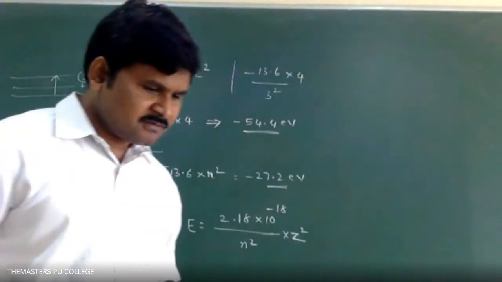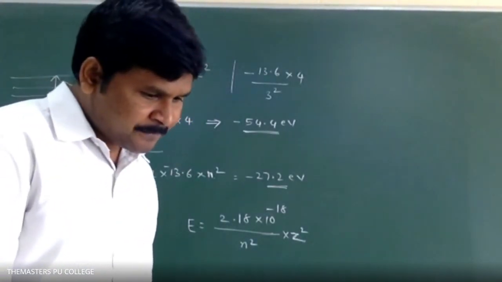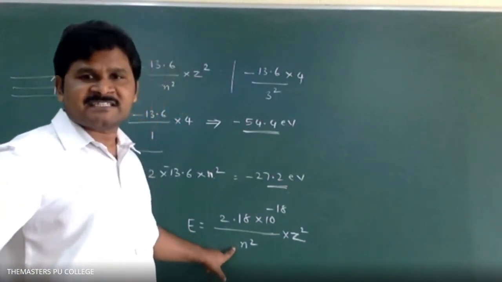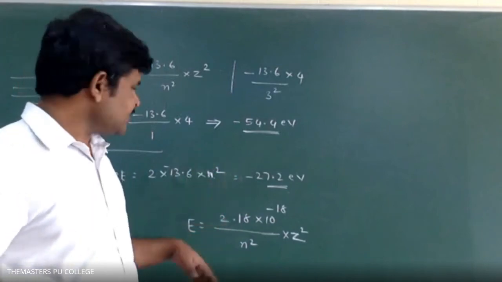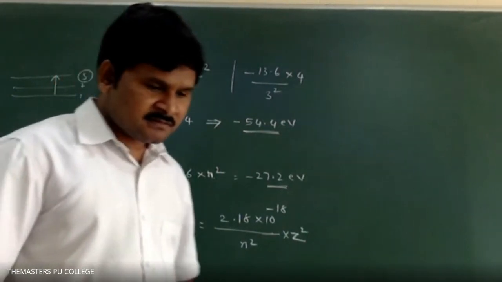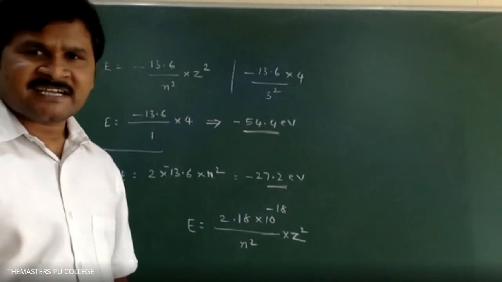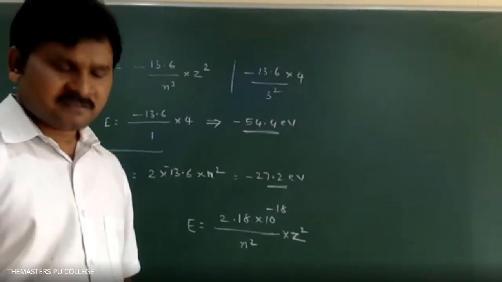2.18 into 10 power minus 18 divided by n square, as it is. He did not mention any n value, so please take 1 square into 4. 2.18 into 4, how much? 8.68 approximately. 8.68 into 10 power minus 18 joules. Getting the answer.